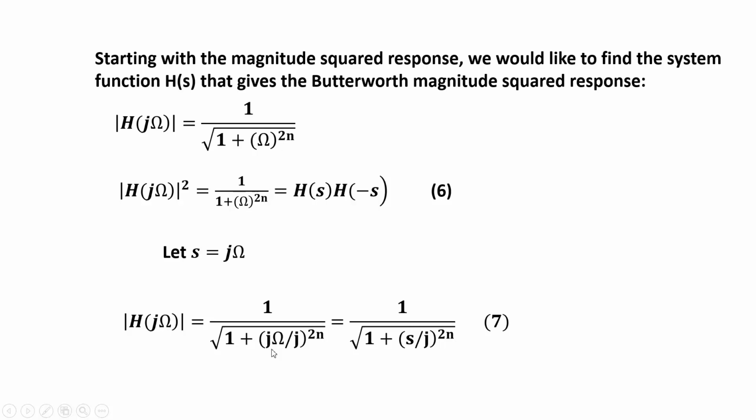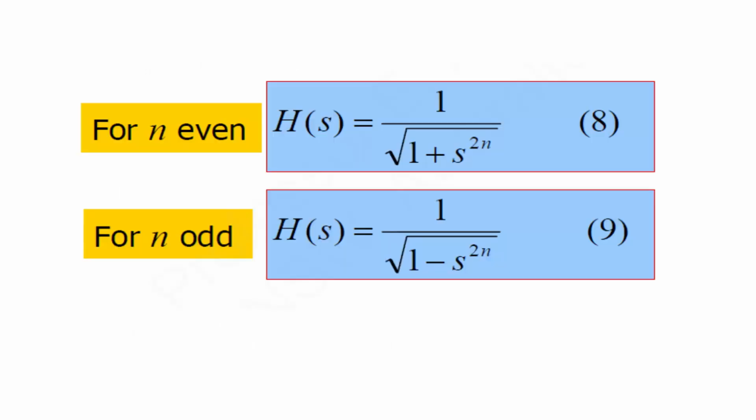What we do here is that we multiply the ω term with j and we divide the ω term by j. And we know that jω is actually s because we want to convert this H(jω) in terms of H(s). So we multiply with j and we divide by j. So we change this expression into s and it becomes 1 over the square root of 1 plus (s/j) to the power 2n. As I said, n is the order of the filter.